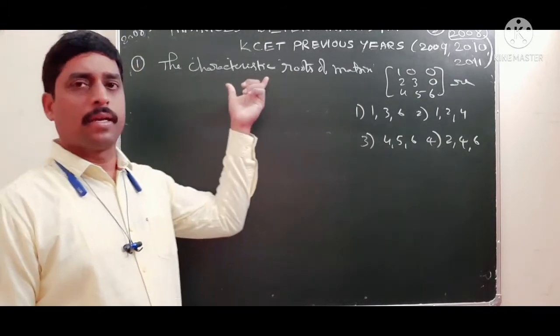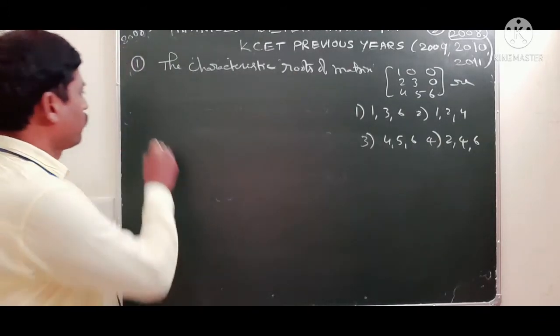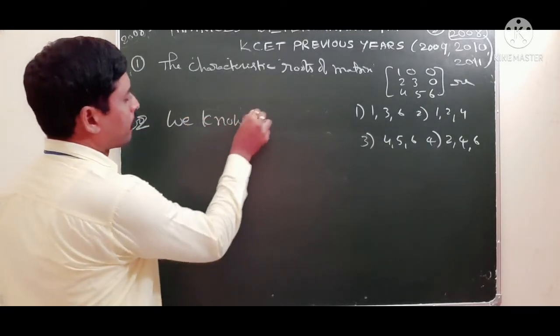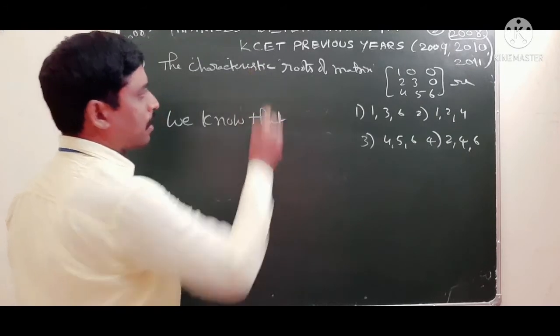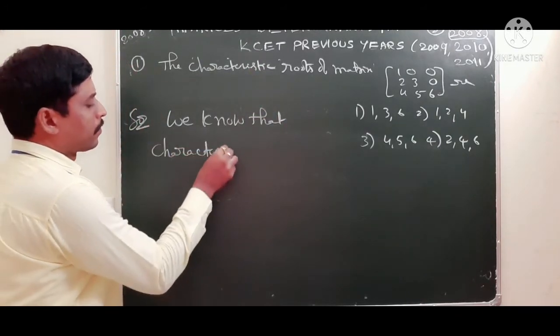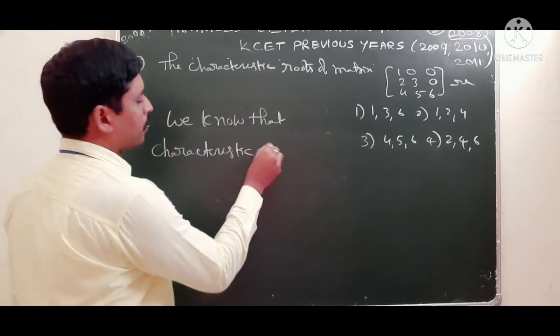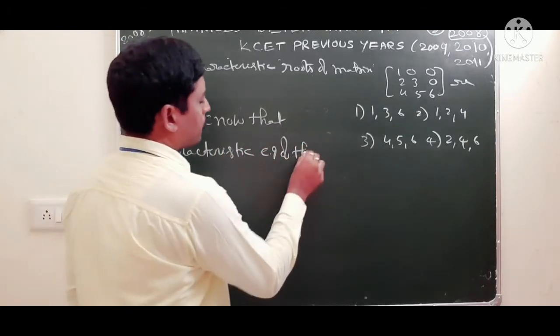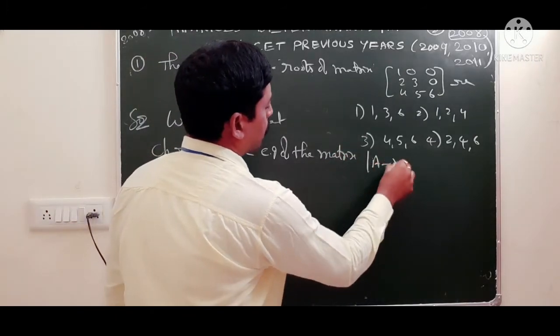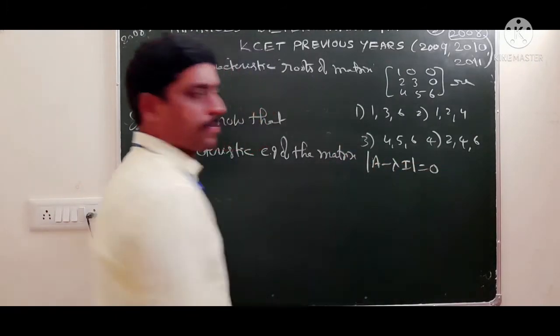Our target is the characteristic roots of the matrix. We know that the characteristic equation of the matrix is det of A minus lambda I equal to 0.